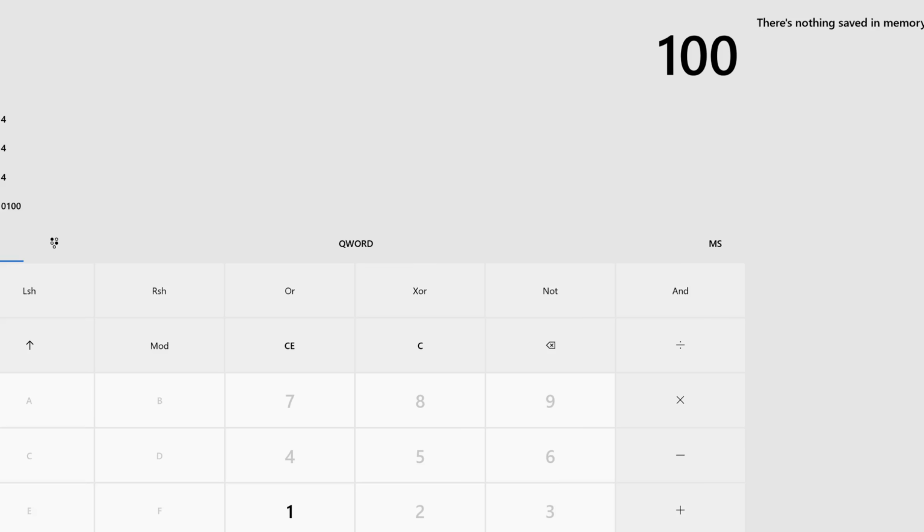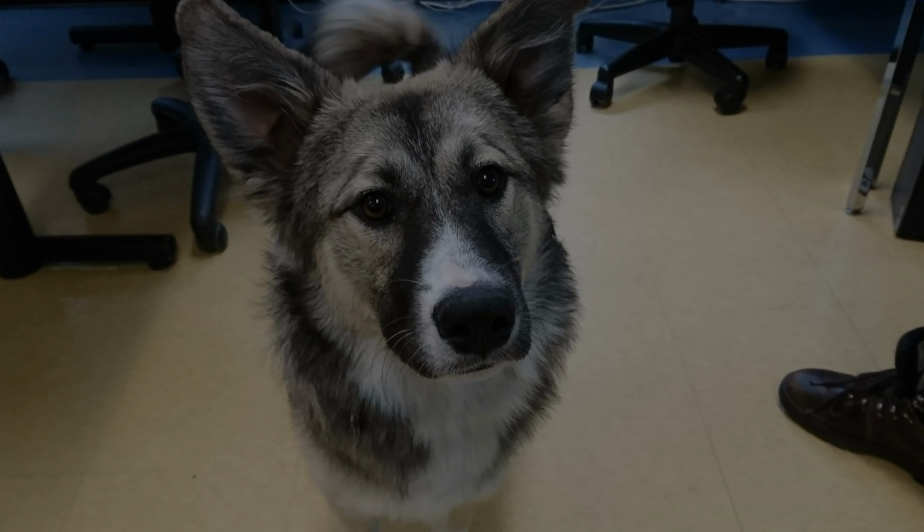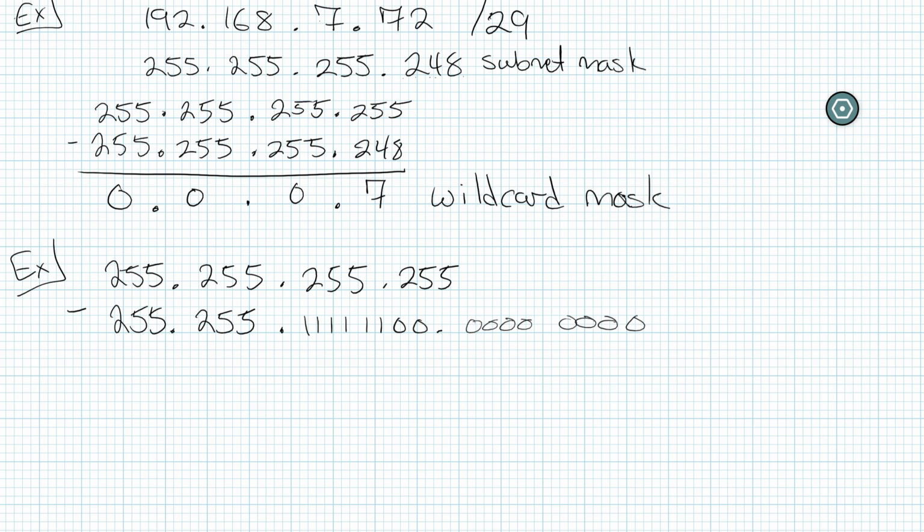So we're going to go ahead and switch over to our Windows calculator in binary mode. 1, 1, 1, 1, 1, 1, 0, 0. So we have a full 8 bits, and we can see in decimal that's 252. So we know that this portion becomes 252, and the last portion becomes 0.